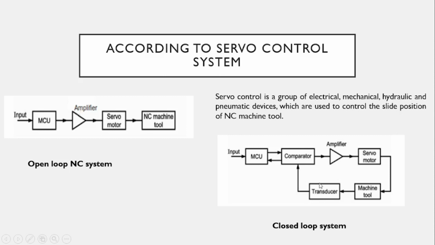If there is any correction, this transducer gives the feedback to the comparator, and if any correction, it moves to the main control unit, and then it corrects itself, and it moves back through the entire feedback loop.